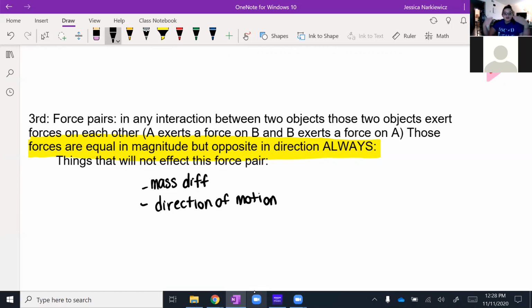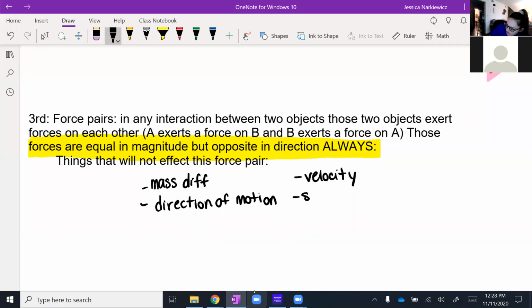It doesn't matter if they're heading towards each other or if one comes up on the other. The forces in the interaction are still the same. And it doesn't matter the velocity of the two objects. It doesn't matter if they're moving at really fast speeds. It doesn't matter if one is at rest and one comes up behind it and smacks the heck out of it. Forces are still the same.